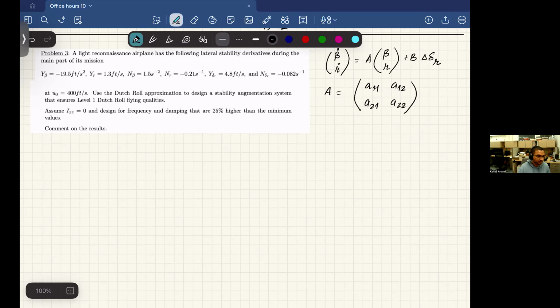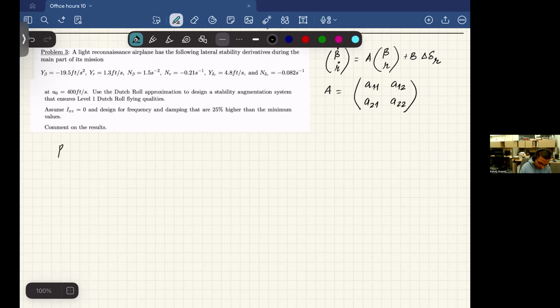For example, you will find out that beta dot comes out to be y beta over u naught times beta plus y r over u naught times r, and so on and so forth, plus the input part is y delta r over u naught times delta r.